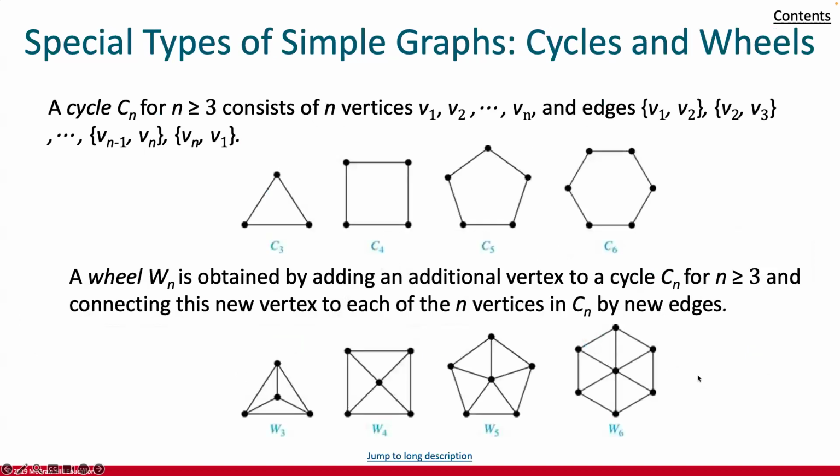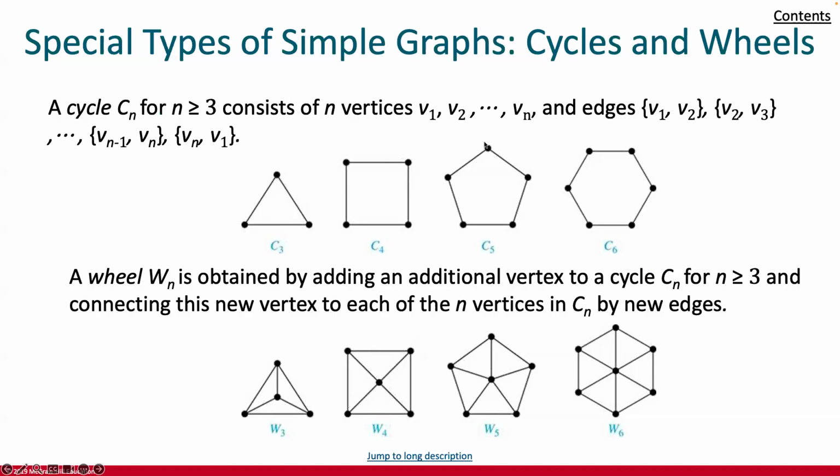Another type of special simple graph are cycles and wheels. And so here we can be seeing an example of cycles, and below here we can see examples of wheels. And so you can see the cycle, it means that you get back to the initial point.